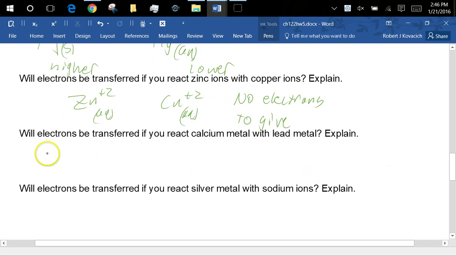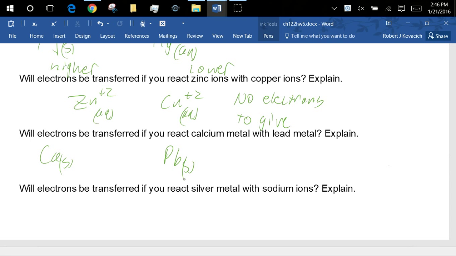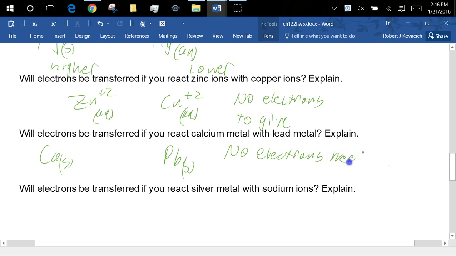Will they transfer with calcium metal and lead metal? How about this? Nope. Nobody needs any electrons, so nobody's going to take any electrons.